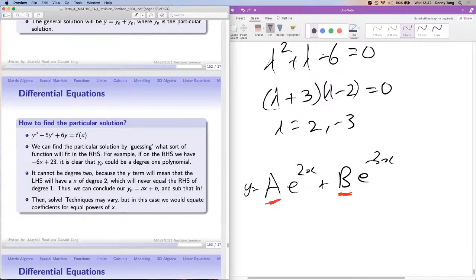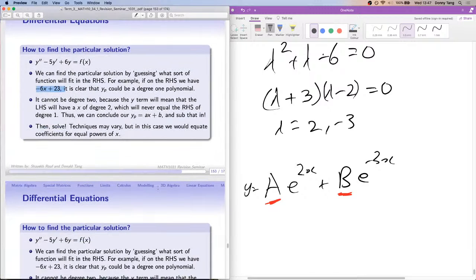For example, if on the right-hand side we have -6x plus 23, it is clear that yp could be a degree 1 polynomial, because the left-hand side has to equal a degree 1 polynomial if the right-hand side is a degree 1 polynomial. So clearly this can't be a degree 2 polynomial. This can't be a quadratic, because a quadratic and a degree 1 polynomial will never be equal. All right. I'm not really going to talk about your guesses too much. I would like to, but we don't really have time.